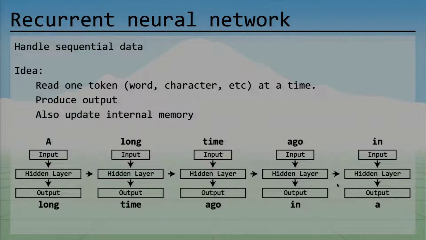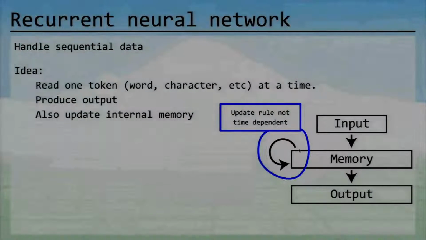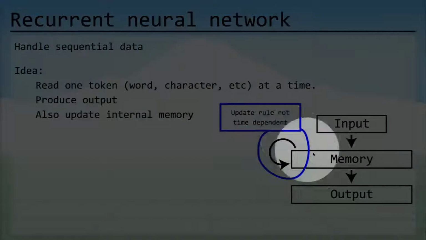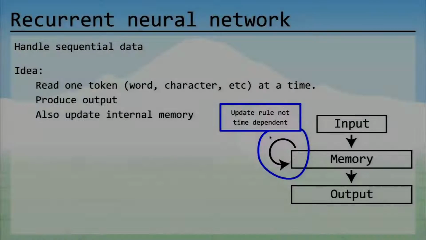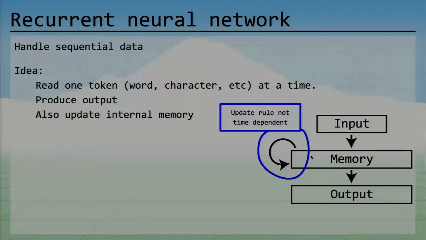We're going to assume that that isn't the case, and that this update rule stays static over time. So as we're reading this sentence, we're not changing the rules of how we're updating our memory, although our previous memory can affect what our next internal state is going to be. But the rules of how that happens aren't time dependent. So we're going to use the same update function over time to take our previous memory and our input to determine what our current memory or current internal state is.